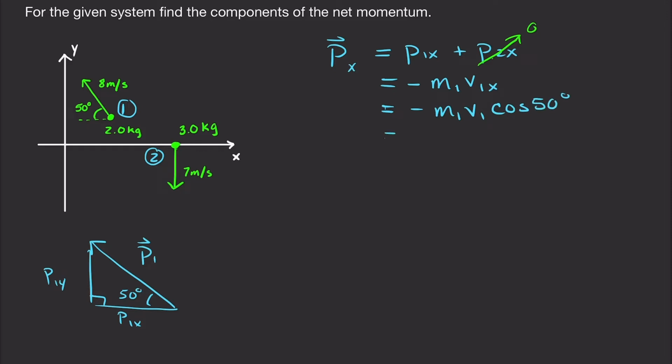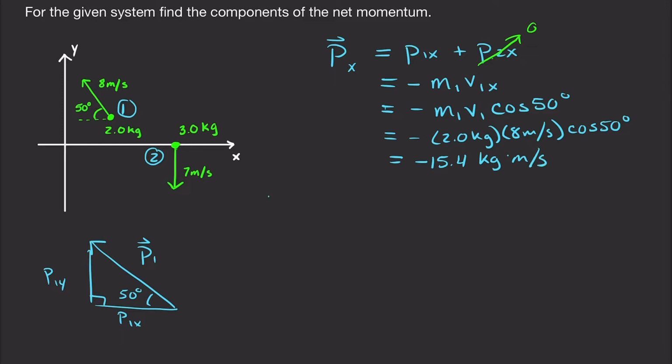And if we plug that in, we get minus 2 kilograms times 8 meters per second times cosine of 50. If we plug that in, we get minus 15.4 kilograms meters per second.